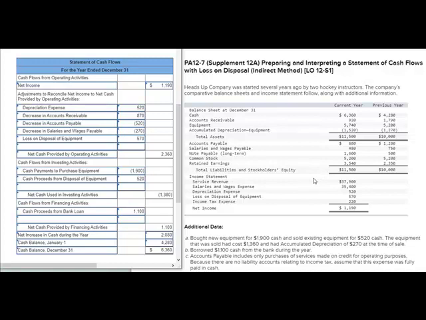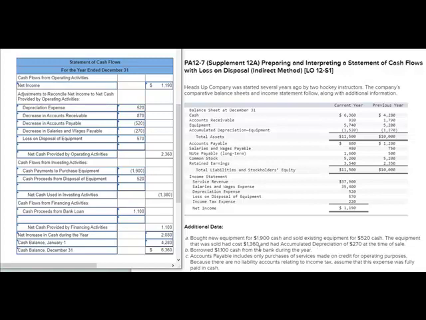And then finally, we had a sale of equipment, and you need to be on the lookout for the sale of long-lived assets, looking to see if there were any gains or losses. And it says in paragraph A that the equipment was sold.